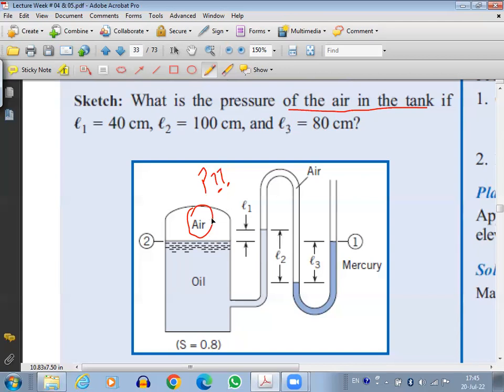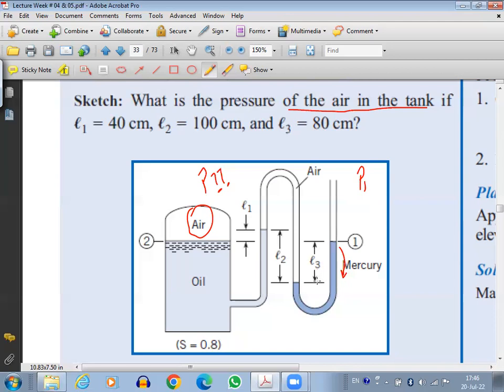Now, in order to solve it, as I always tell you, by direct approach, always start from the point for which you know the pressure. So here, point 1 is the point for which I know the pressure directly. So I will start from point 1. So P1. Now from point 1, I will move down. How much I will move down?